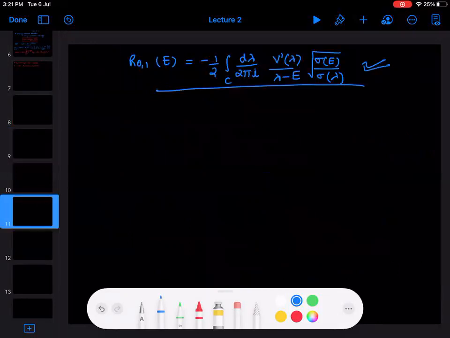In this expression, the potential depends on Vn, and sigma also depends on Vn through the endpoints A plus and A minus. So we have to take care of those things while doing the derivative.